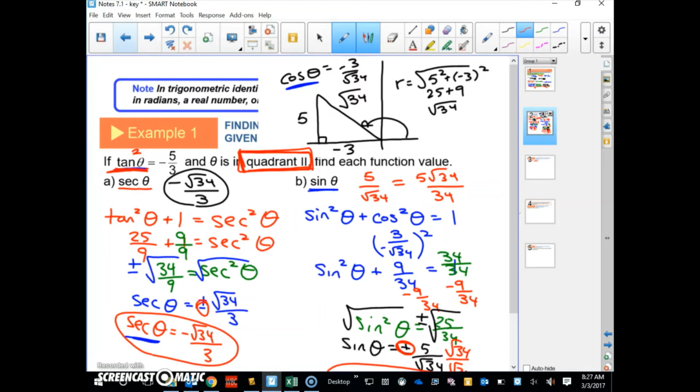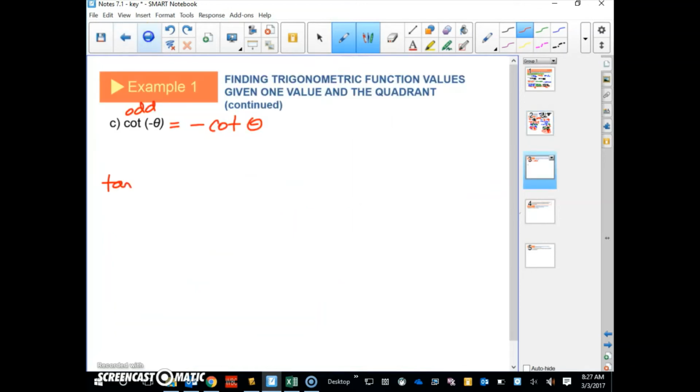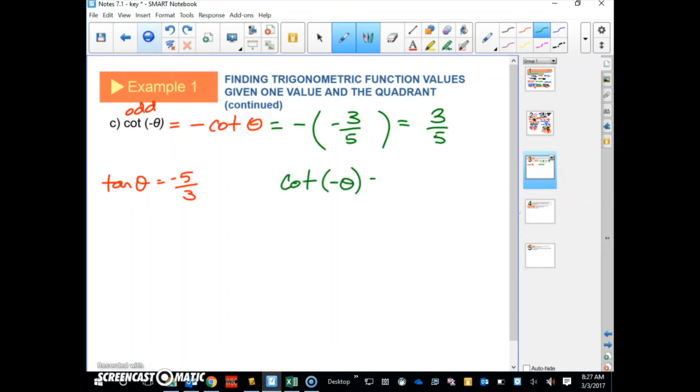Well, cotangent is just that reciprocal, so negative 3/5, and the opposite of negative 3/5 is positive 3/5. Cotangent of negative theta equals 3/5.